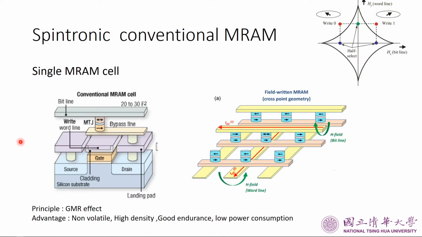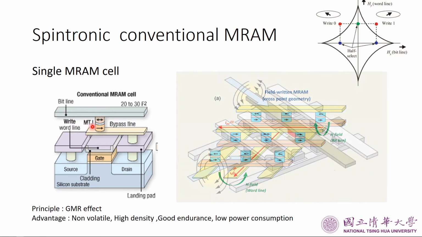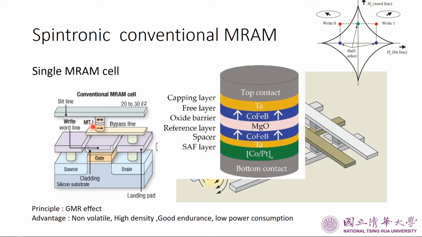After understanding the principle of the GMR effect, let's apply it to the MRAM. As you can see, a bit of MRAM consists of an MTJ cell and a transistor. An MTJ contains a free layer and a reference layer, or we just call it the pin layer. In order to alter the magnetization direction of the free layer, we can conduct a current beside the MTJ cell.